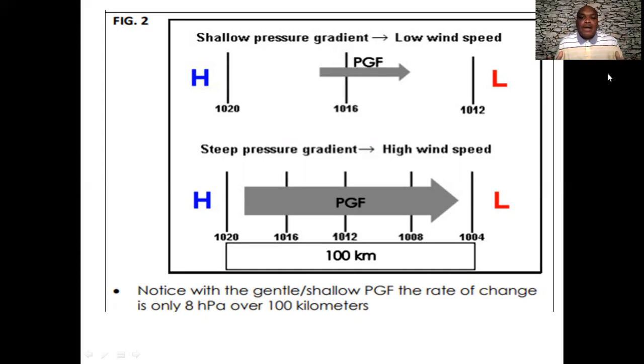But when the isobars are close together, it means that we have a steep pressure gradient, and that will result in high wind speed. It will result in strong winds. That is key to understand about pressure gradient.